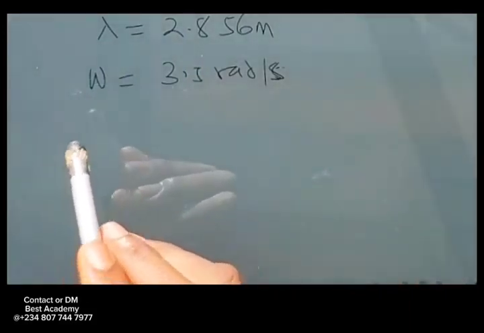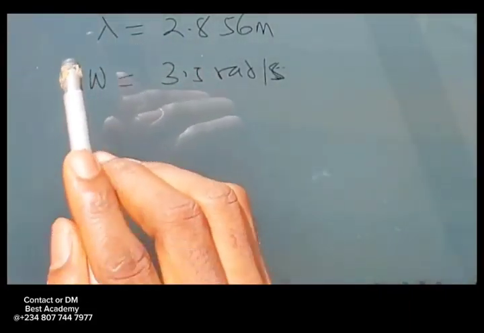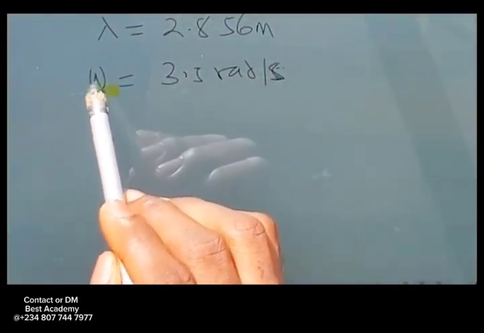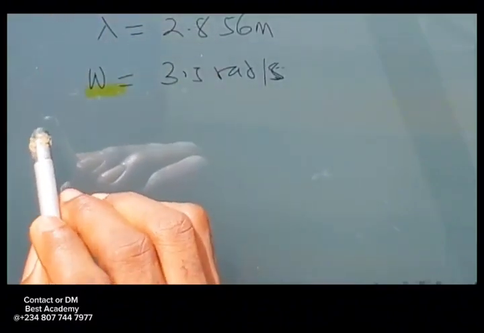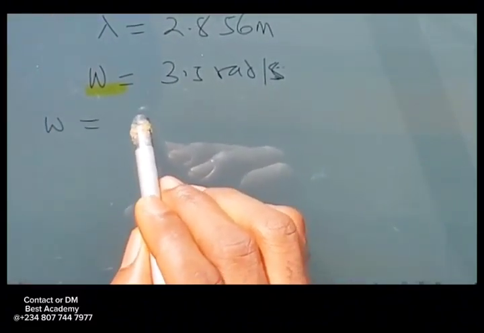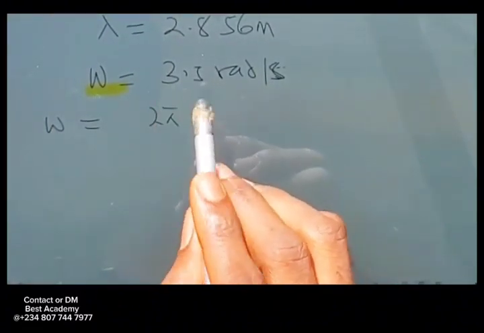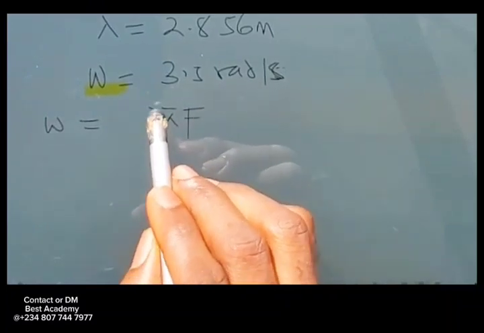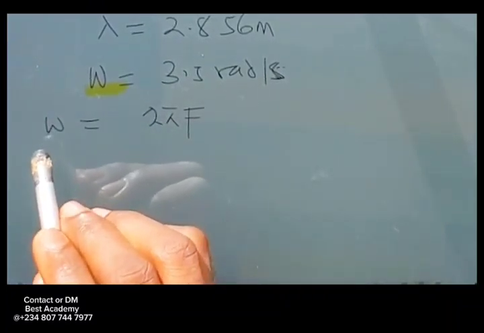So the only formula relating to frequency is the angular frequency, and the formula is said to be omega is equal to 2 pi f. Please take note.